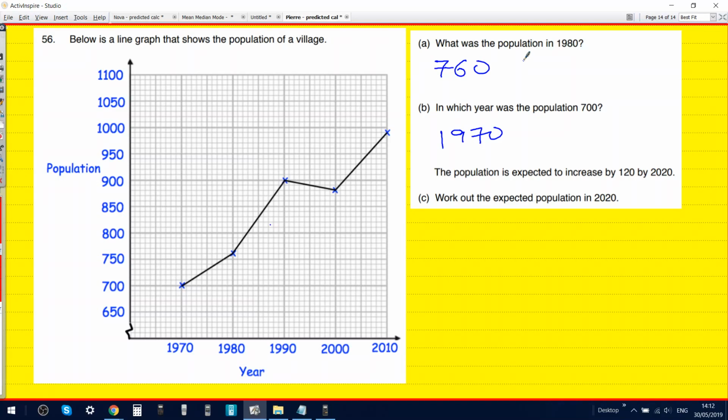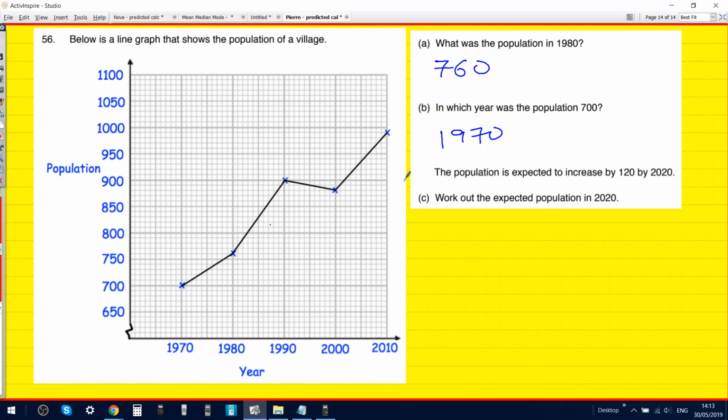So, work out the increase. 120. So would that be 20? So we go up to 50. That'd be 1,000.